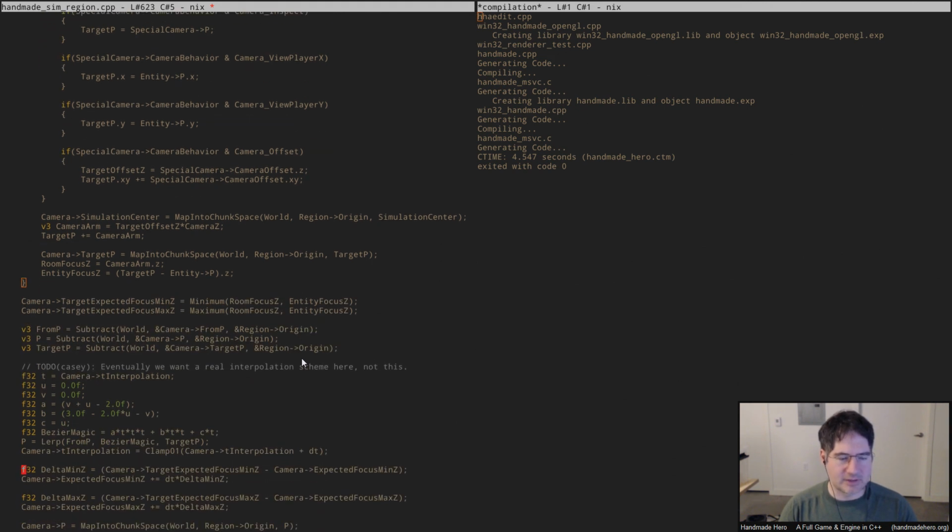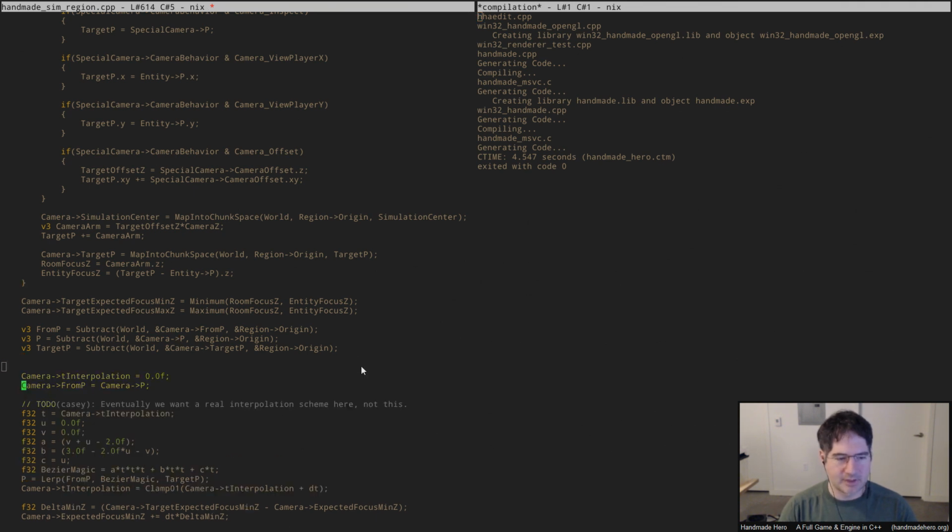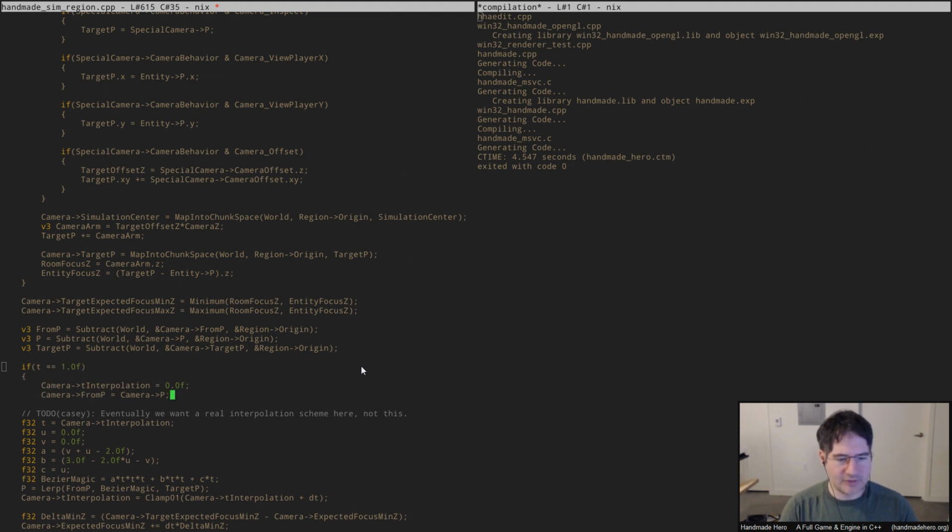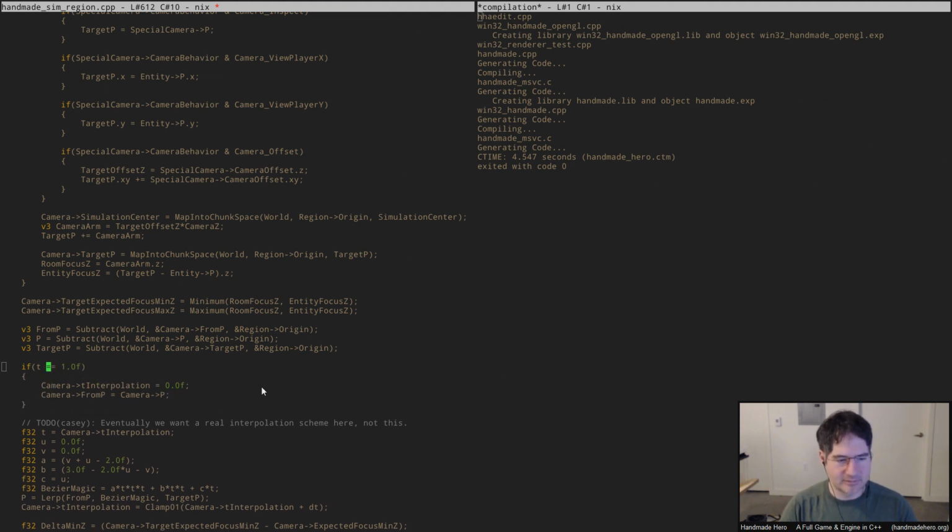All we really need to know is if the from P and the P are really far apart. I'm sorry, if the current location of the camera and the new location of the camera are really far apart, and t equals 1. So if we're not interpolating the camera, right? This means interpolation is over.